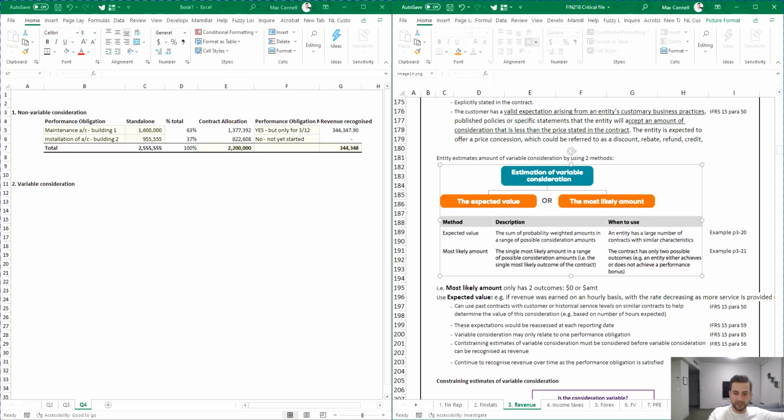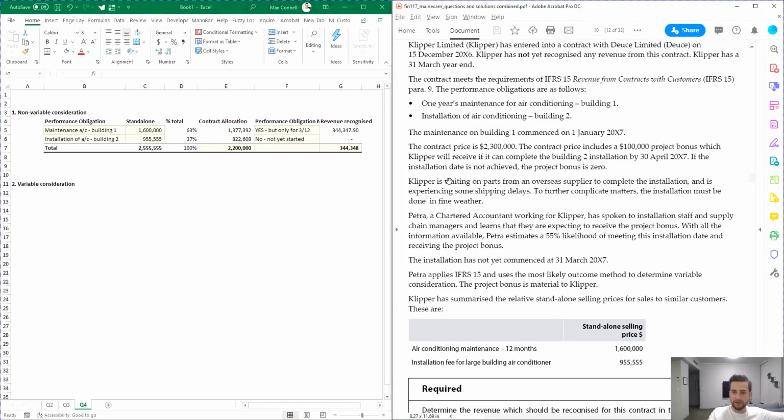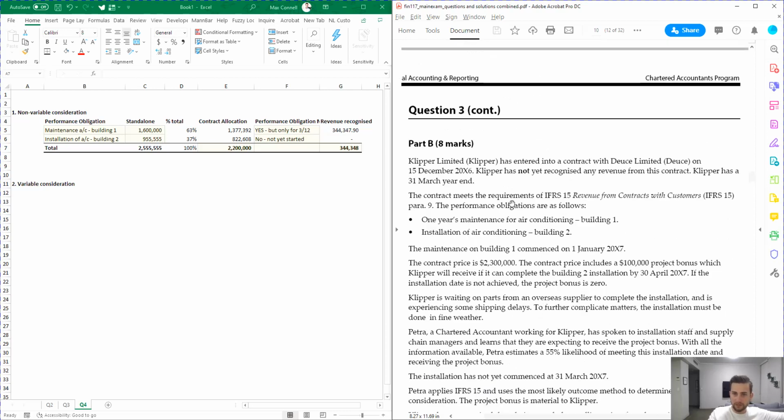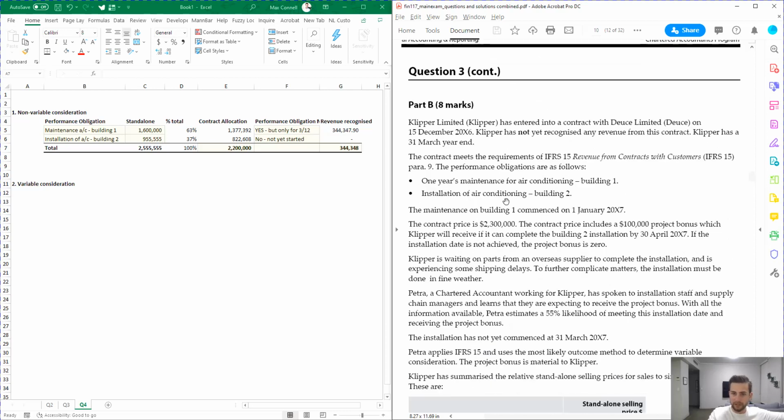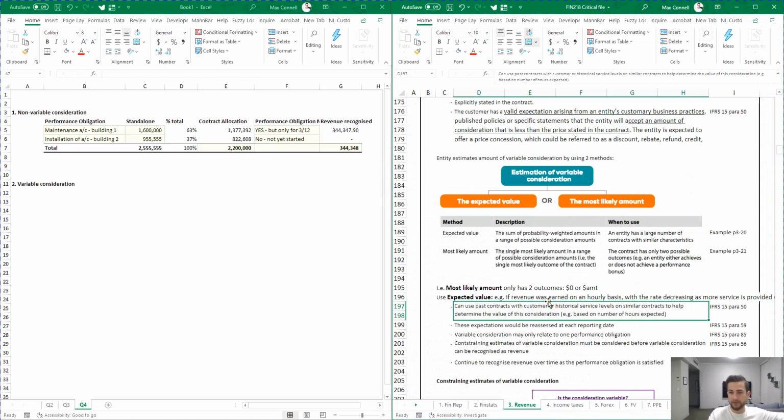Now it does say in the question that Clipper is expecting to use the most likely outcome method to determine variable consideration. So what we need to do is assess whether that's an appropriate methodology to estimate variable consideration.